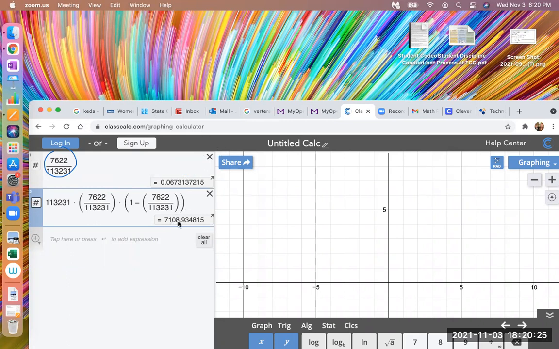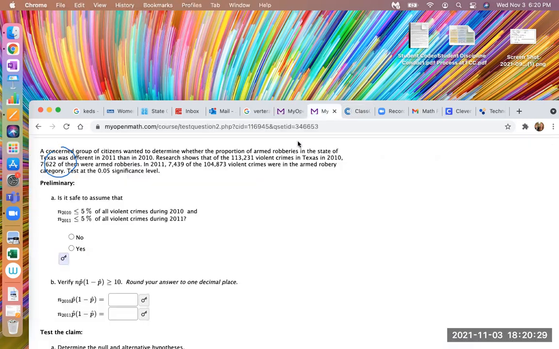So that is my answer, 7108.9. So let's see how they like that answer. And that's exactly what they wanted. And then we do the same calculation, but for the 2001.